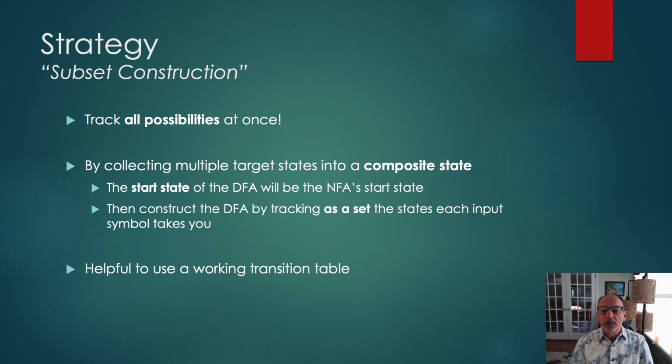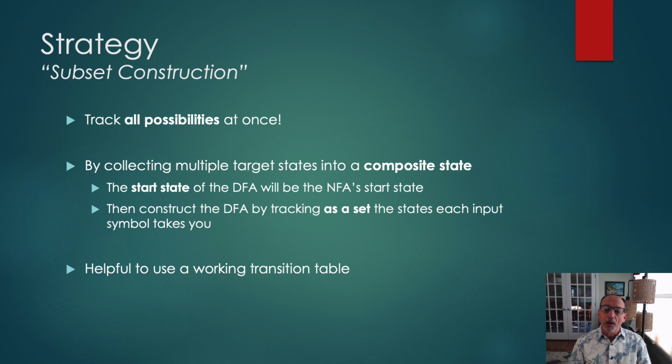The way that we're going to convert this to a DFA is to track all of the possibilities at once. Whenever we see multiple outputs for the same input character from a particular state, we will record those as a set, and that will become a state in the DFA.